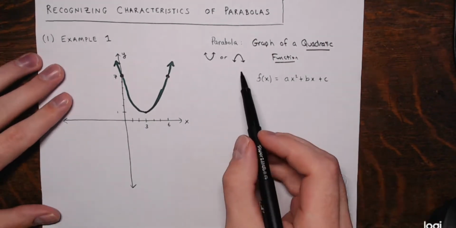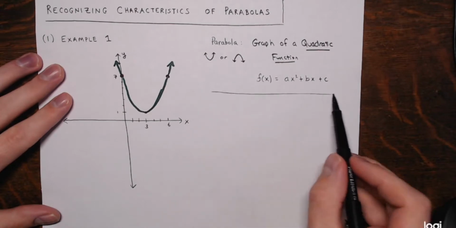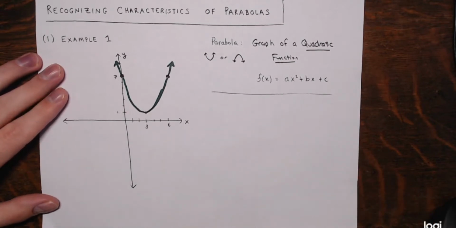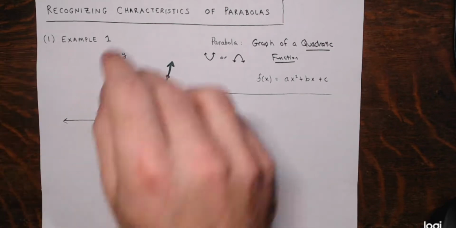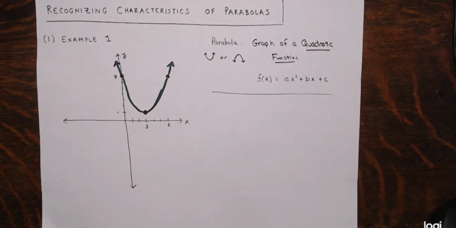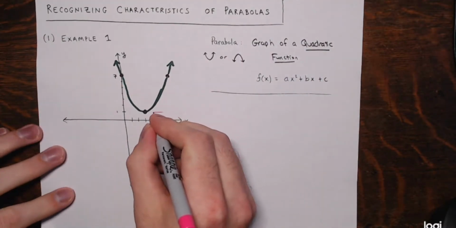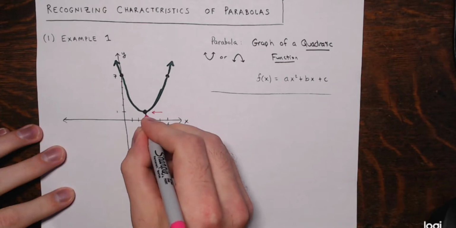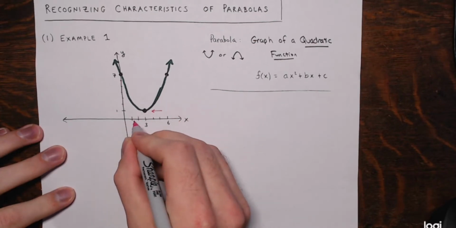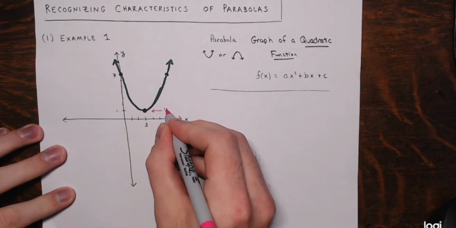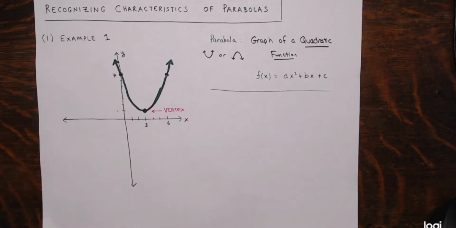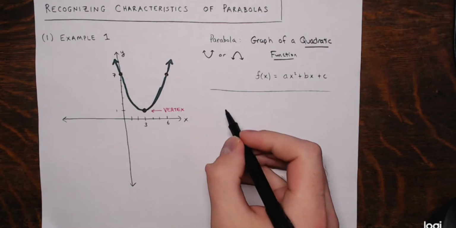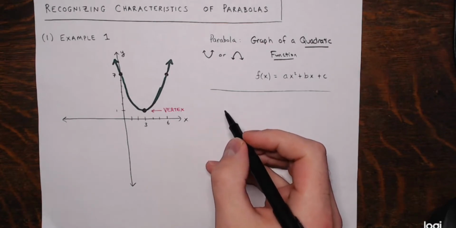Now some points they're having us find here are the vertex. That's the lowest point or highest point, depending on which way it's opening. So this point here, the point 3, 1, 3 on the x, 1 on the y, is the vertex. I'll point out some key stuff about parabolas over here.